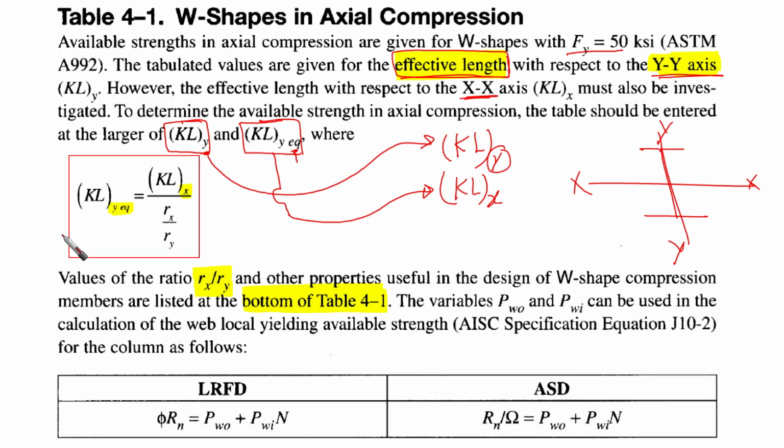So how can we obtain this KLy equivalent? We are going to say that KLx, which we already have, is going to be divided by the ratio Rx over Ry. Where can we obtain this ratio? The values for the ratio Rx over Ry and other properties useful in the design of wide flange compression members are listed at the bottom of Table 4-1.